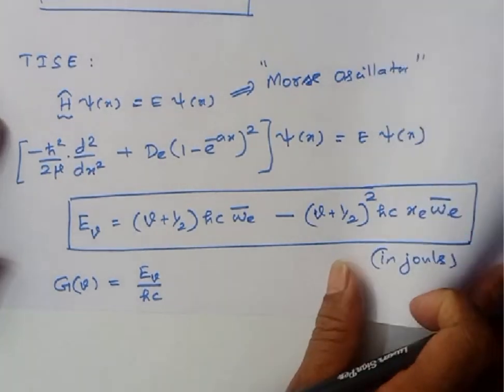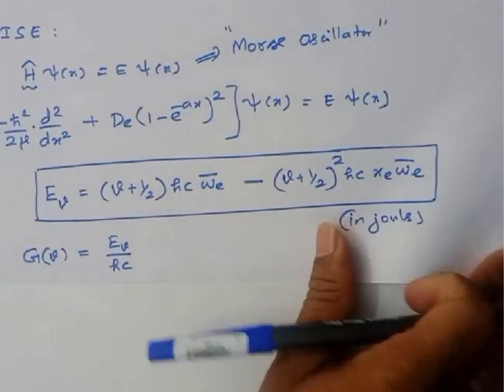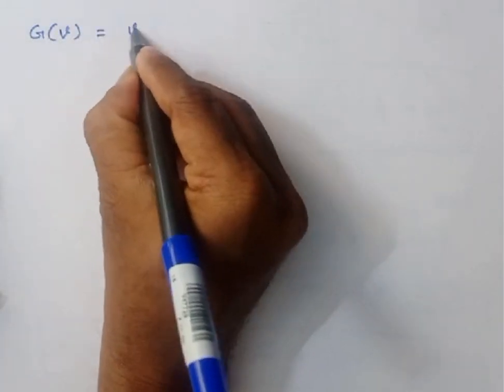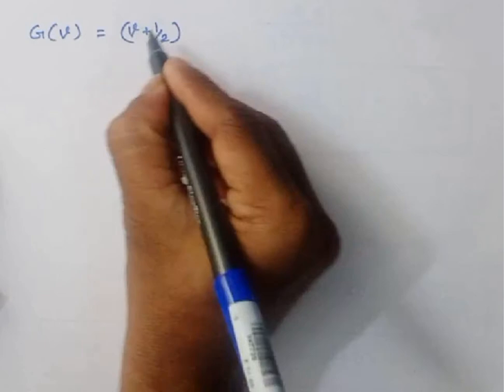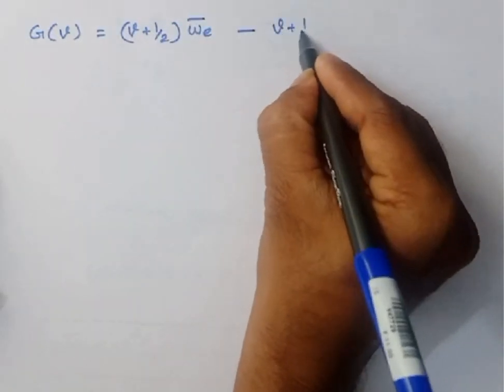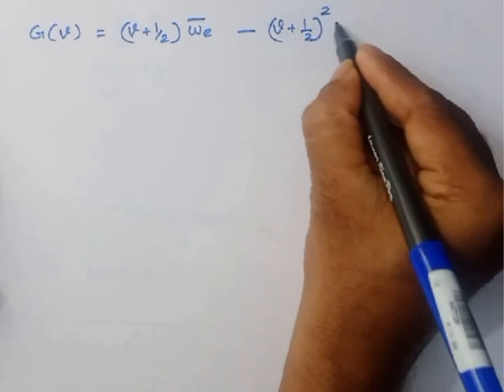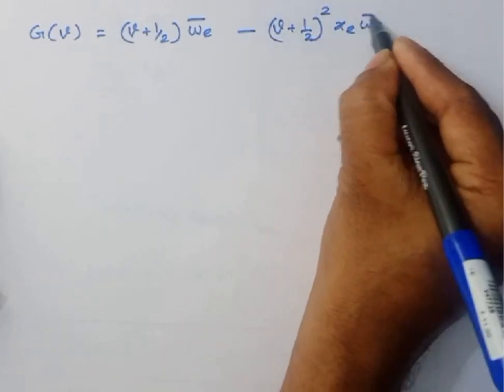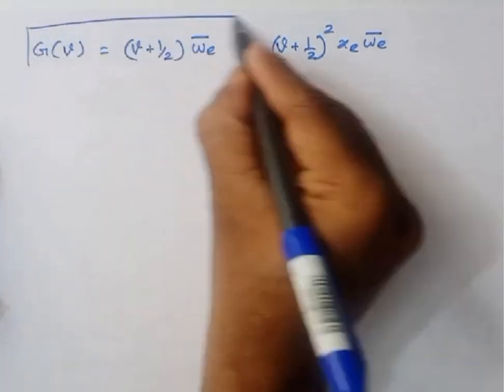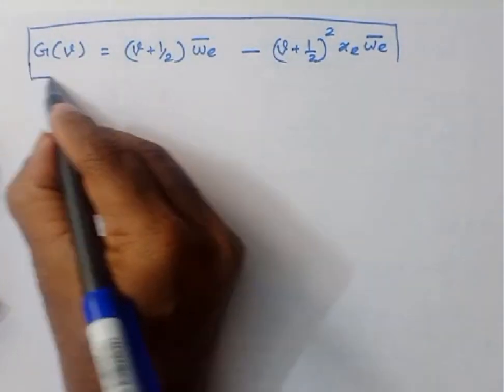What we get is GV equal to (V plus half) into omega e bar minus (V plus half) the whole square into xe into omega e bar. This is the expression we get for vibrational energy in wave number unit.